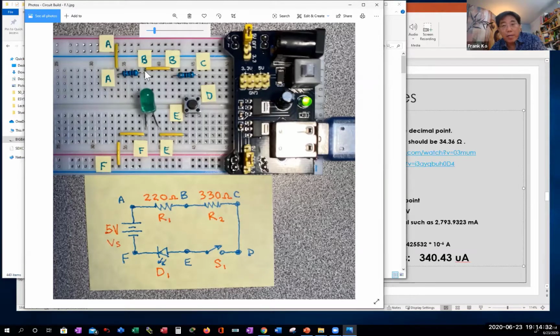If I measure that, it's almost 0 ohms on that bare piece of wire. So point B exists on the right side of the first resistor and also on the left side of the second resistor. There are two places where I can measure point B. I will talk more about this circuit in a little while.